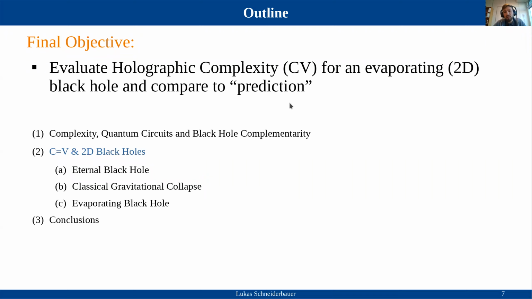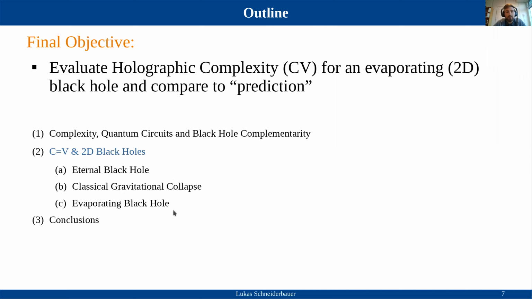But before we can jump to the evaporating black hole in these two-dimensional models, we should do our homework, basically, and see if these kinds of conjectures also make sense in easier setups, like the static classical setup, the eternal black hole, and then a dynamical setup, still classical, like the classical gravitational collapse.